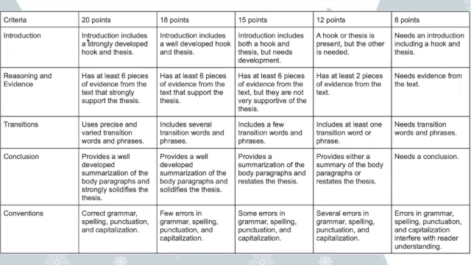That means that you would have an introduction that includes a strongly developed hook and thesis, has at least 6 pieces of evidence from the text that strongly support the thesis, uses precise and varied transition words and phrases, provides a well-developed summarization of the body paragraphs, and strongly solidifies the thesis, and correct grammar, spelling, punctuation, and capitalization.